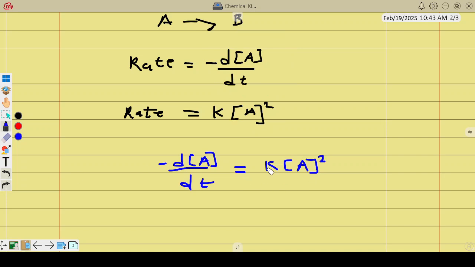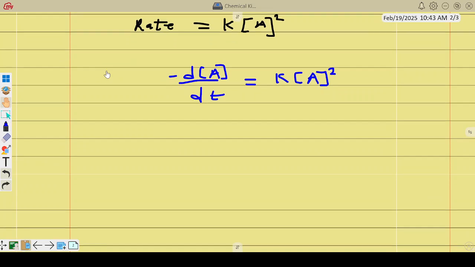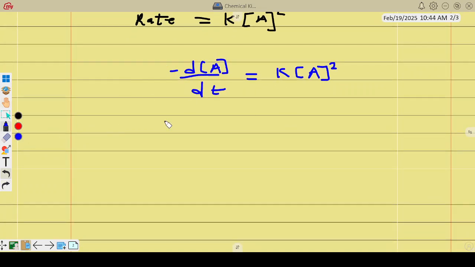And then what? We simplify. Again, we have to make this one come to this side, and this one should go there. When you reach this part, at least the terms which have concentrations should be together. So I'm going to do it real quick.